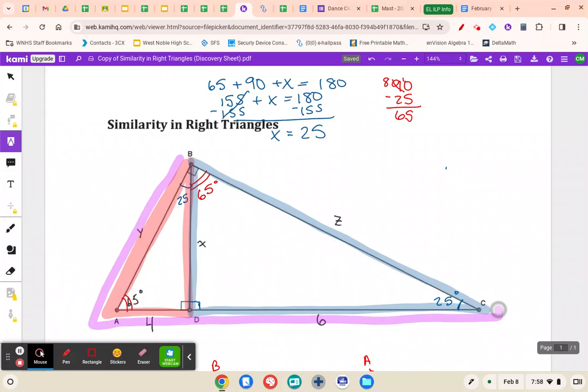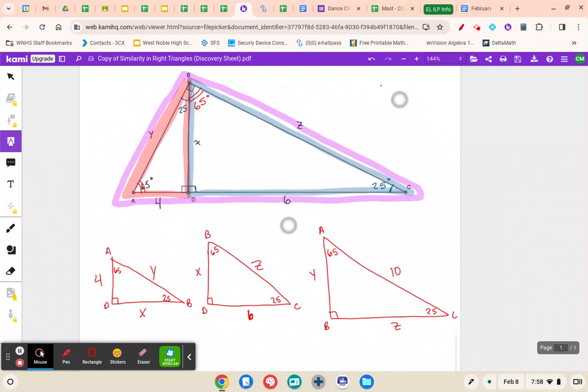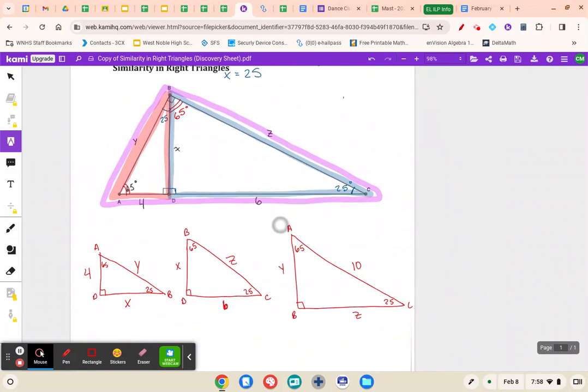Now, you'll notice that there are variables here that it's asking us to solve for. And we don't have enough information anywhere to do Pythagorean theorem, even though they're all right triangles. So we have to use something else. And this is where our theorem comes in. So I am going to scroll down, and I actually redrew all of these triangles.